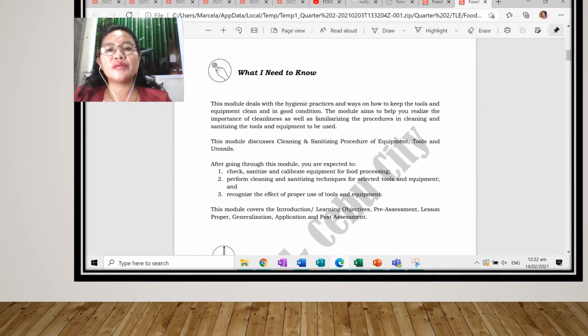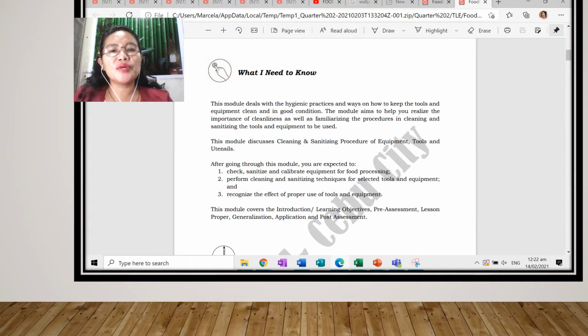This module aims to help you realize the importance of cleanliness as well as familiarizing the procedures in cleaning and sanitizing the tools and equipment to be used. So this module discusses cleaning and sanitizing procedure of equipment, tools, and utensils.